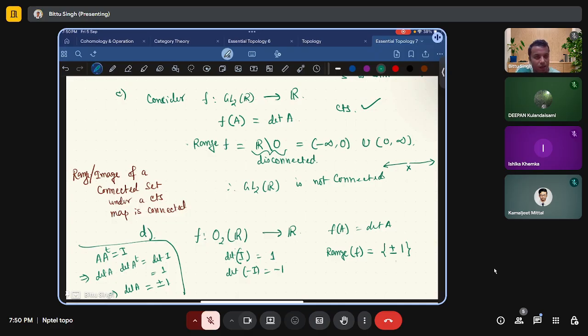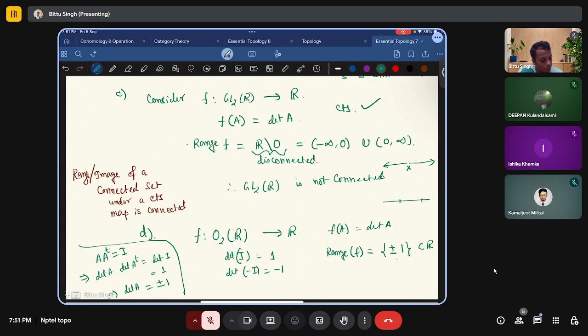But again, this is disconnected, right? Plus minus 1 as a subspace of R is disconnected. Is it clear that plus 1 and minus 1, these 2 points, are disconnected?